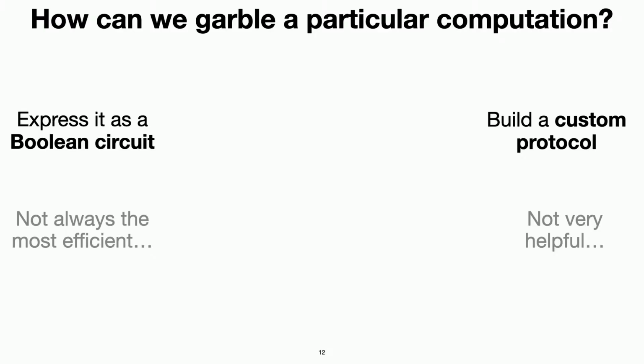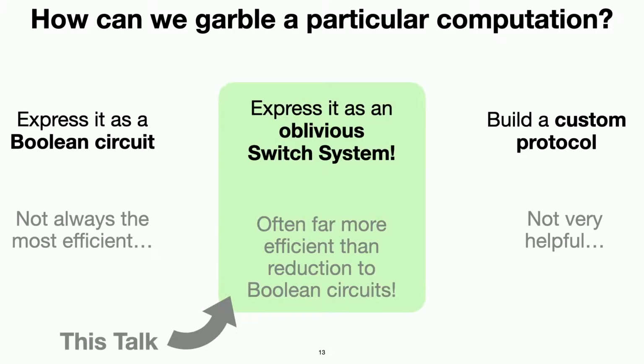So what I would like to do today is take Boolean circuits as your first order approximation of what a garbled circuit can do, and give you a second order approximation of what a garbled circuit can do. That is going to be something I call a switch system.